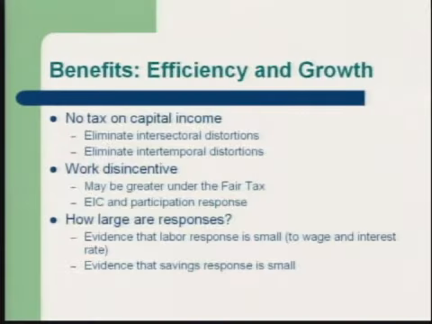I don't think those are as big as some people do, but it is another distortion. The work disincentive, as I said, I'm not sure what the work disincentive distortion is. I'm not sure it's actually better under the fair tax. And then I just think one caveat to looking at these marginal tax rates on labor income is that when you start to look at things like the EIC, which probably mostly affects participation, you need to look at the participation margin and not necessarily the hours margin.